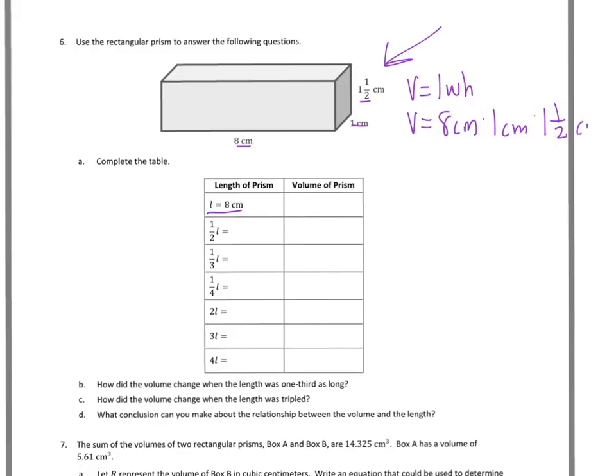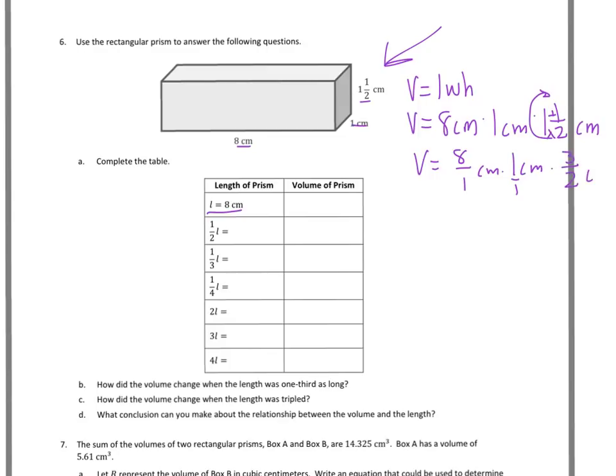And I can calculate that out. 8 times 1 is 8. And then I would need to multiply it by 1.5. So I can put these all over 1 for my whole numbers. And then I'm going to change this into an improper fraction. 2 times 1 is 2 plus 1 is 3.